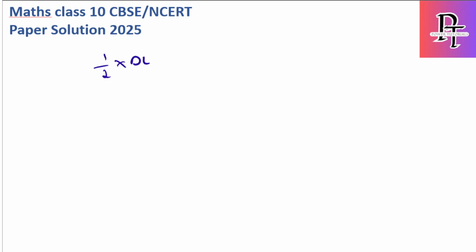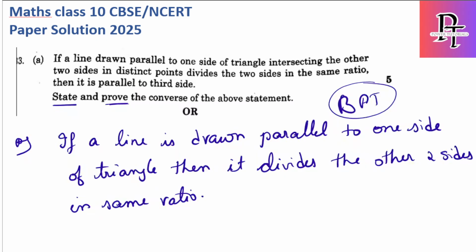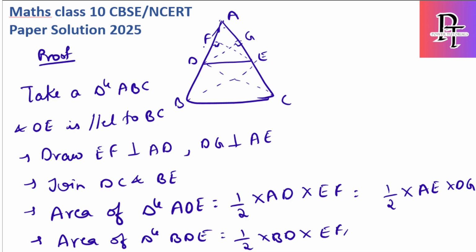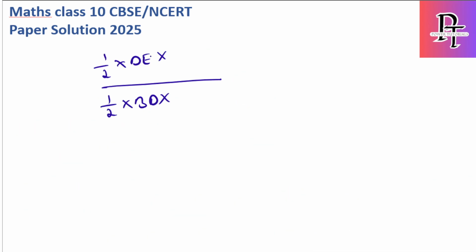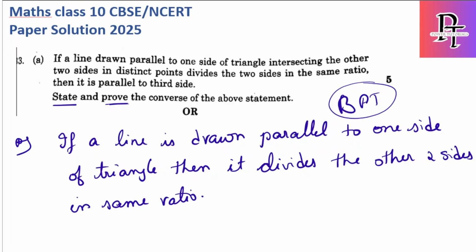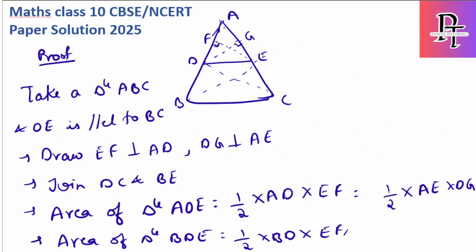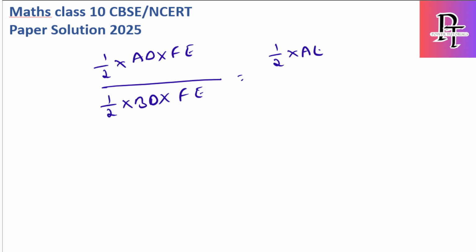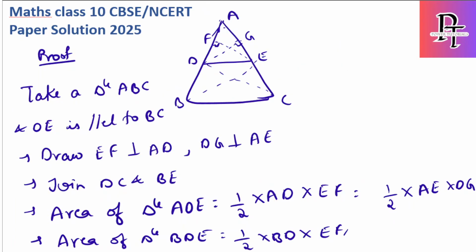Half into AD into FE by half into BD into FE is equal to half into AE into DG by half into EC into DG.